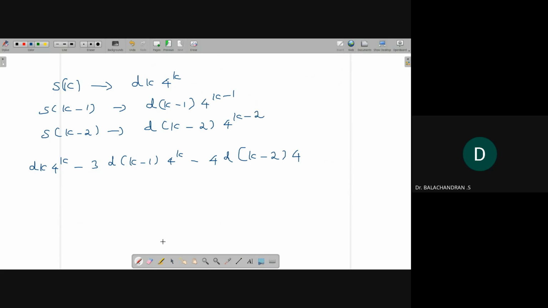I made a mistake here. Which is equal to, what is the right hand side? 4 power k.